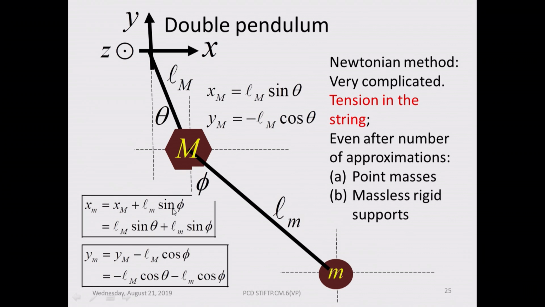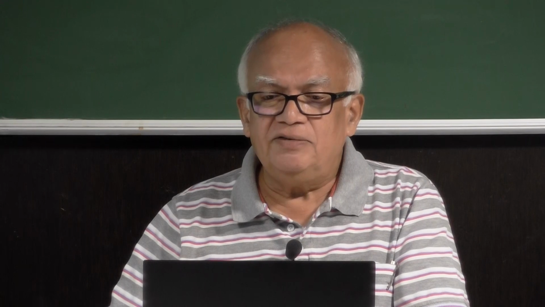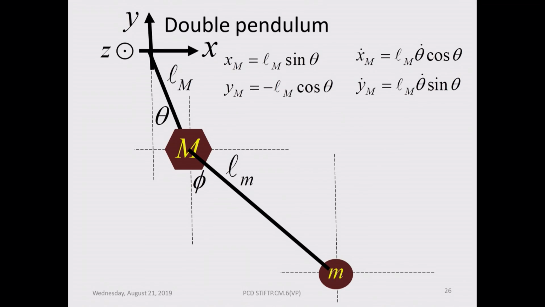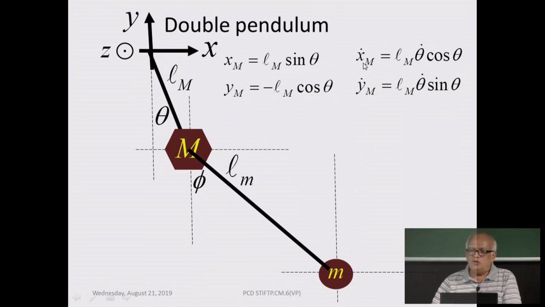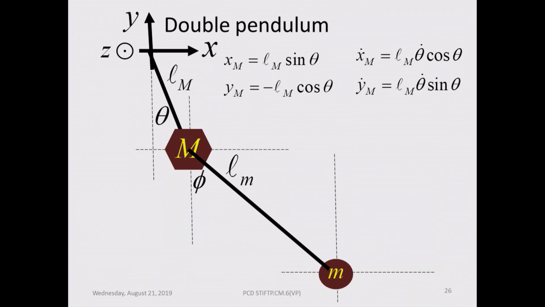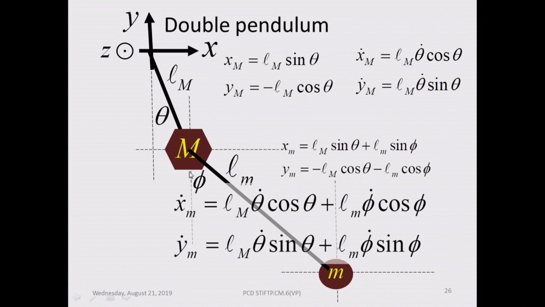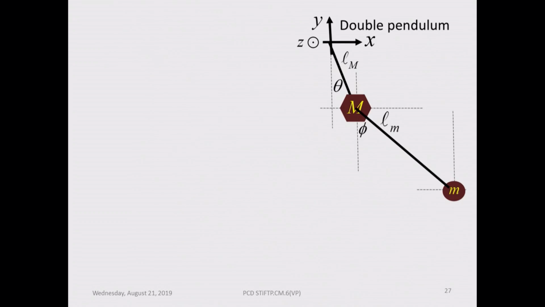Now you have got the coordinates, you can get the velocities, because all you have to do is take the time derivatives, the x dot and the y dot, and do the same for the lowercase m, the small mass if you like. So you write the coordinates of that and write the velocities of that, and now you have got the coordinates as well as the velocities.